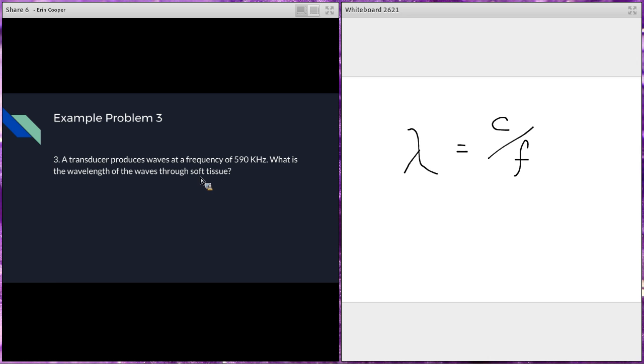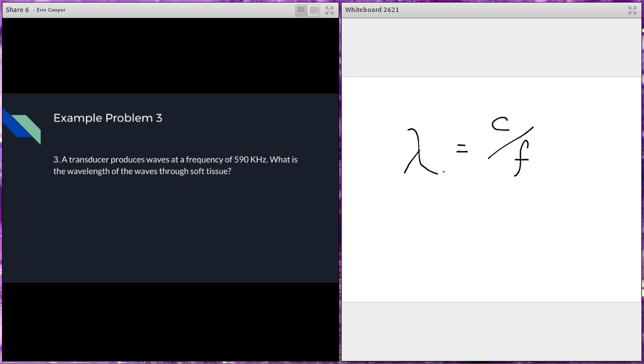What is the wavelength of the waves through soft tissue? So this one is slightly different. Before we were solving for frequency. Now we have a frequency and we're trying to calculate the wavelength. We know it's through soft tissue, so we're still using 1.54. Think about what you need to do to frequency first before you plug it into the equation. So pause the video here, take some time to solve this equation.